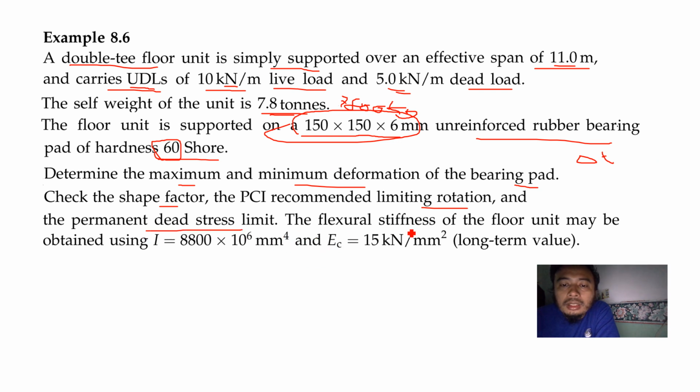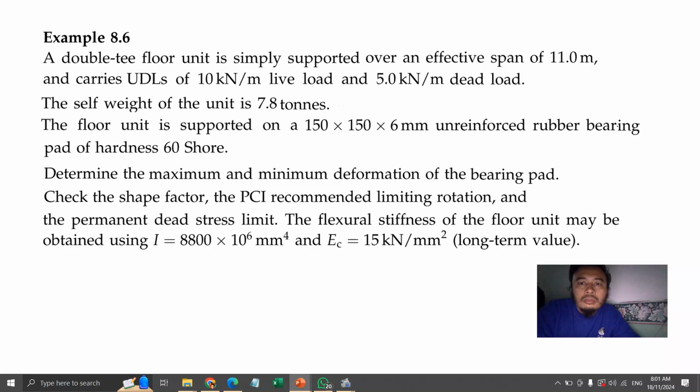And the flexural stiffness of the floor unit may be obtained using I, given here, the area moment of inertia, and then your EC value is 15 kilonewton per millimeter square. So your EC value is your modulus of elasticity of the concrete.